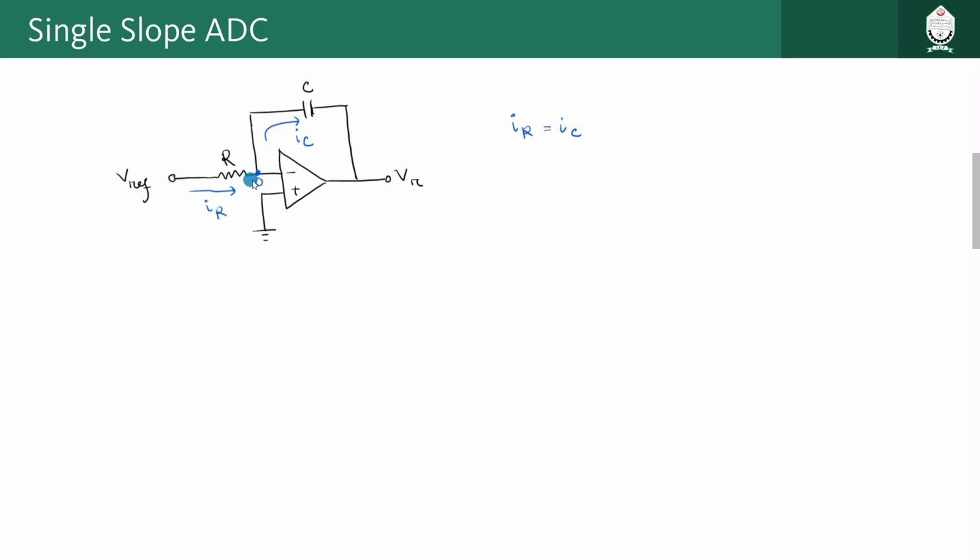This one should be what? The voltage here minus the voltage here divided by the resistance. So Vref minus 0 divided by R should be equal to this current, right? So this current is basically what? Current through the capacitor can be written as IC is equal to C dV by dt.